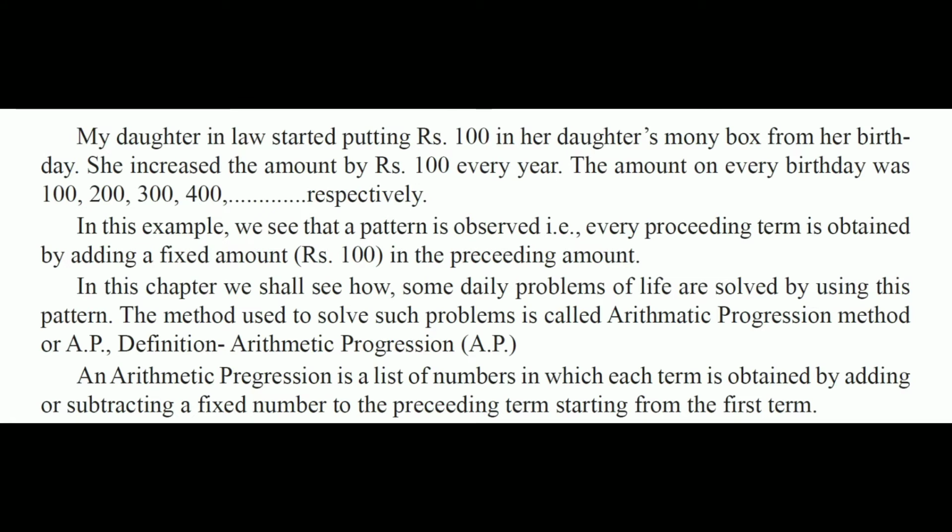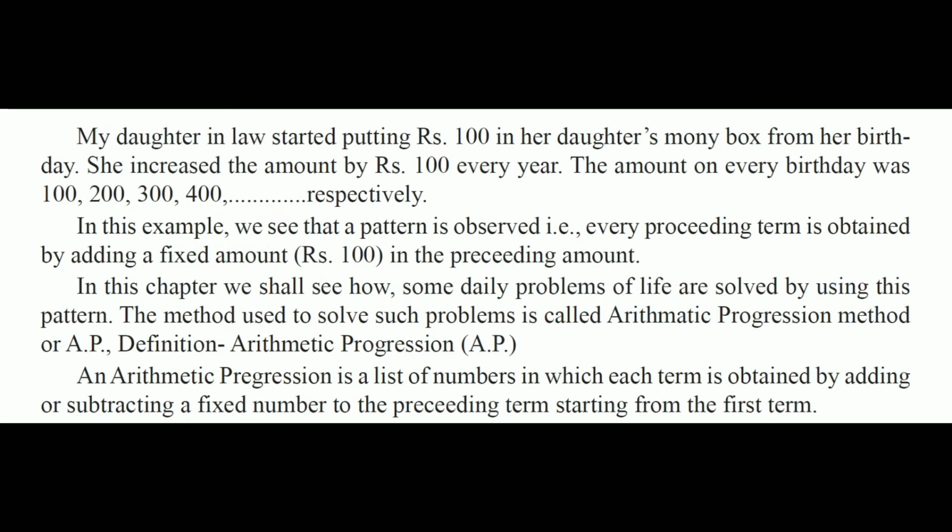Similarly, we observe some pattern in multiplication tables, like we observe the table of 7. 7 ones are 7, 7 twos are 14, 7 threes are 21, 7 fours are 28, 7 fives are 35 and so on.